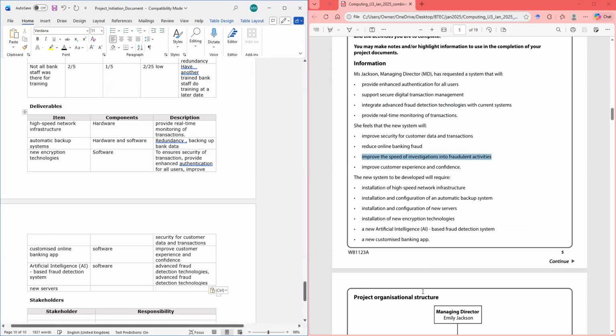And then we have new server. What's the purpose of a new server? All of these. Improve this one.